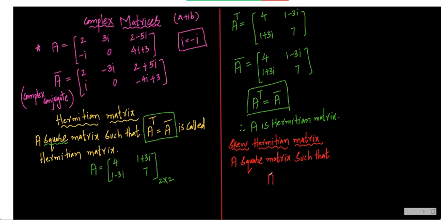A transpose is equal to the additive inverse of the complex conjugate of A, then A is called a skew Hermitian matrix. Now we can see this with the help of an example.